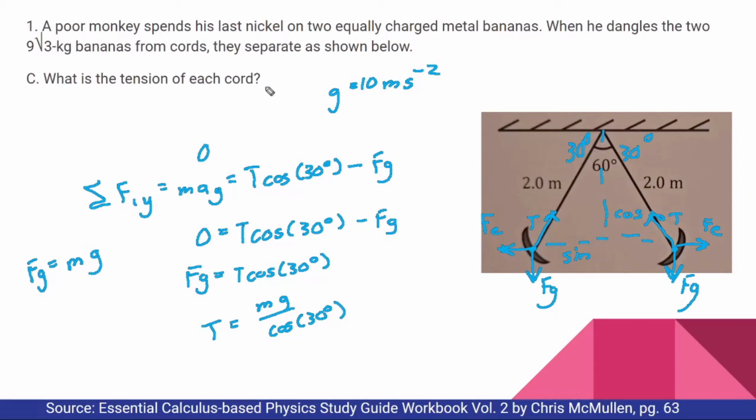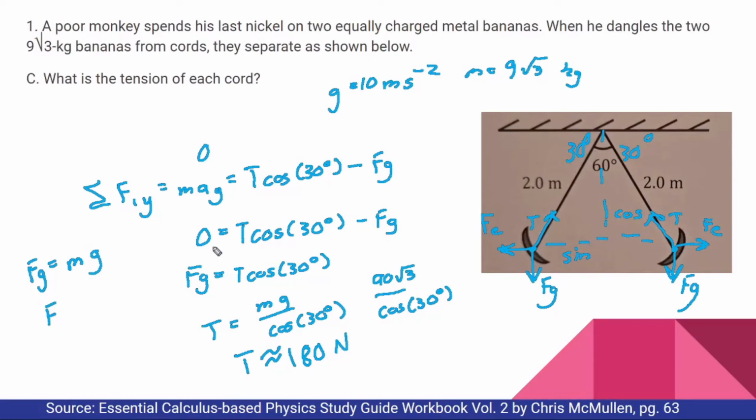When we multiply by our mass of 9 square root of 3 kilograms, we get 90 square root of 3 divided by cosine of 30 degrees, which when you plug into a calculator gets you an answer of about 180 newtons.